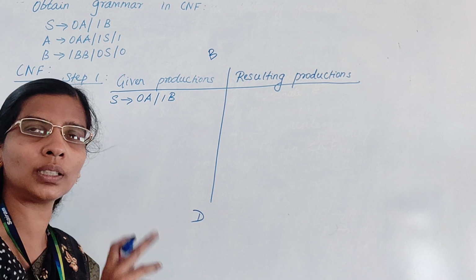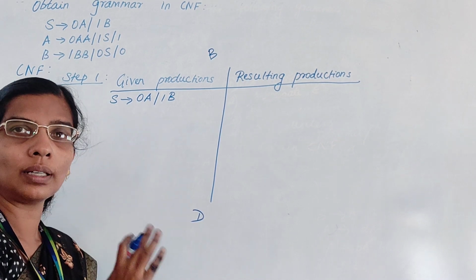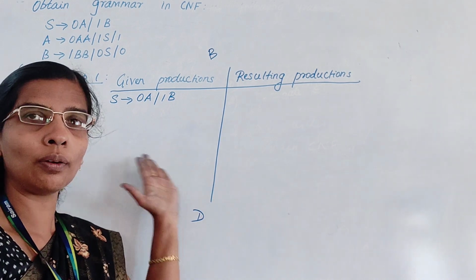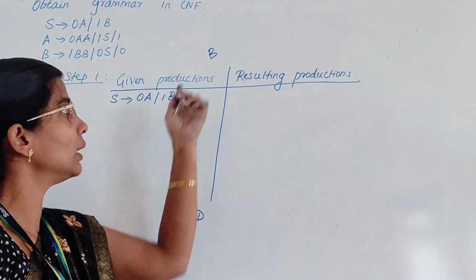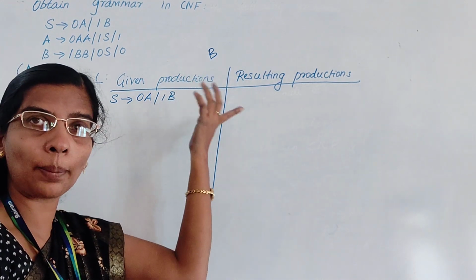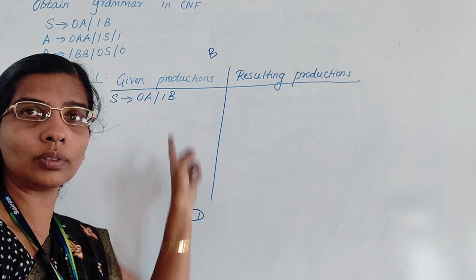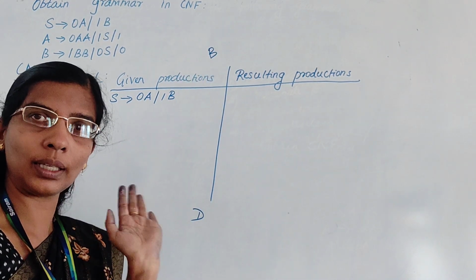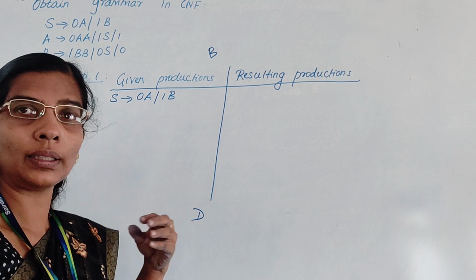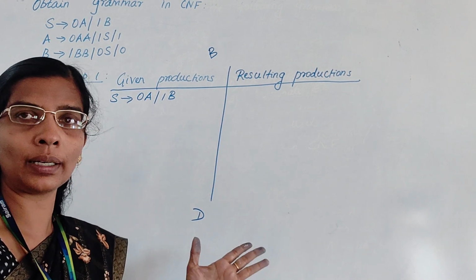It is not necessary that I compulsorily use B and D, but in your book they have followed this, so let us follow. Right? Here instead of B, you can use capital A. The condition is you have to use one capital letter in both step 1 and step 2. But that capital letter need not be B and D. That is not mandatory.